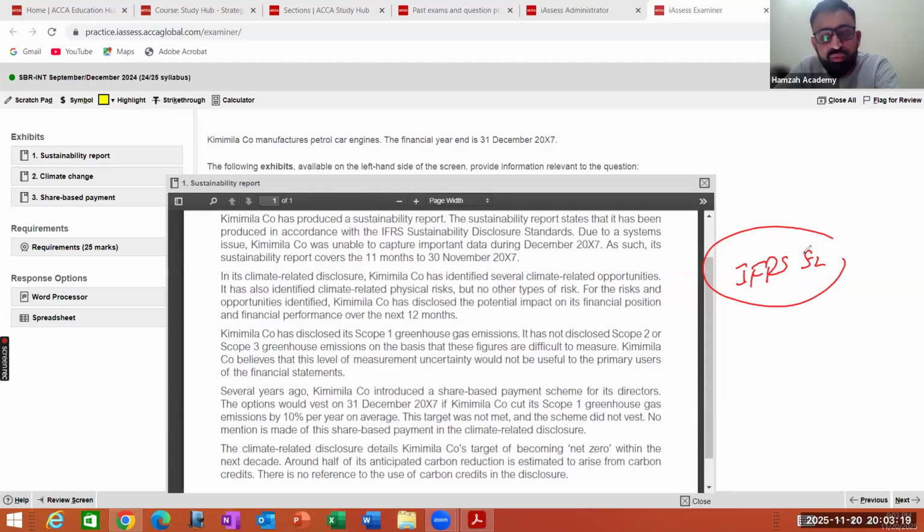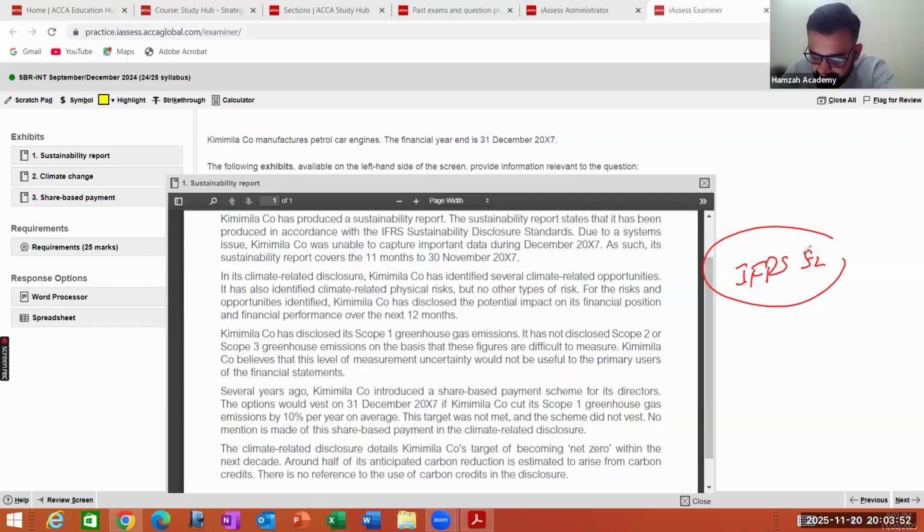Risk associated with the global transition to a lower carbon economy, for example, new climate policies, carbon pricing, carbon taxation, technology change, shift in market sentiment. These risks are known as transition risk. Now, the problem is that they have identified the physical risk, but they haven't identified the transition risk.